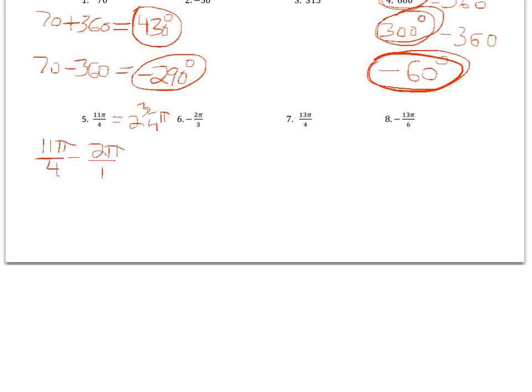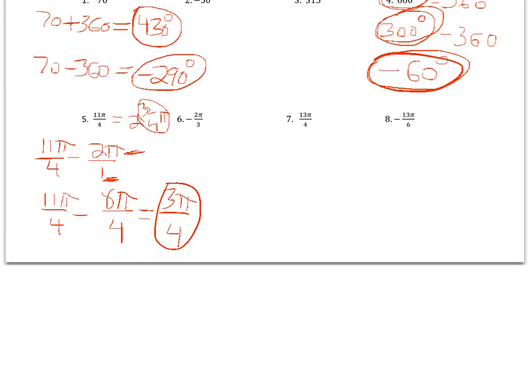The common denominator is 4, so I multiply 2 pi by 4 and get 8 pi. 8 pi over 4 is the same thing as 2 pi. If you subtract, you get 3 pi over 4. This makes sense because that's what was left over. You're at the same point in the unit circle.